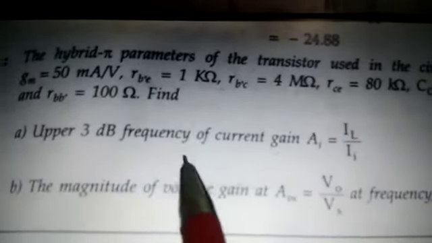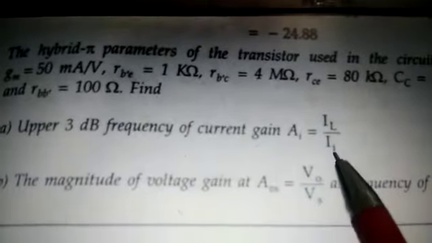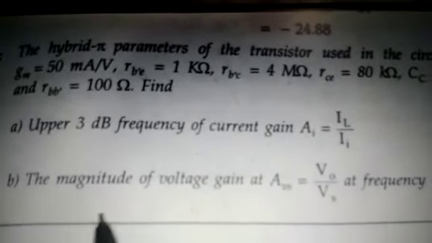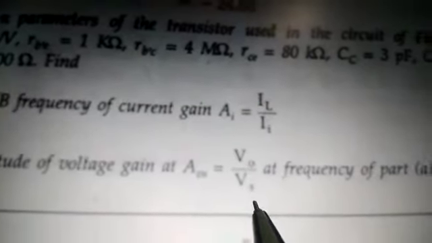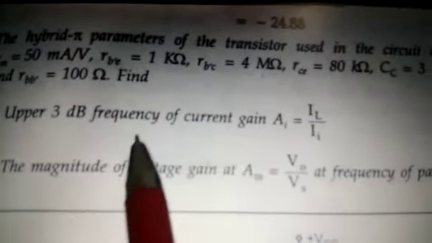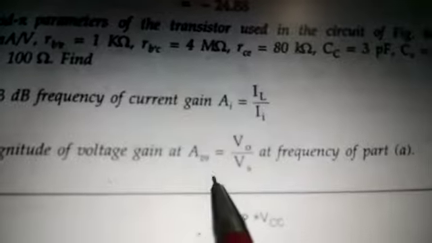Find the upper 3 dB frequency of the current gain AI is equal to IL upon Ii, and the magnitude of the voltage gain AVS is equal to V0 upon Vs at the frequency of part A. What does it mean? At this particular frequency, we have to calculate this AVS, that is the voltage gain.